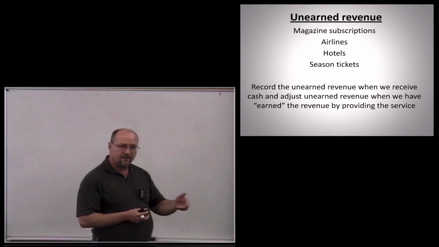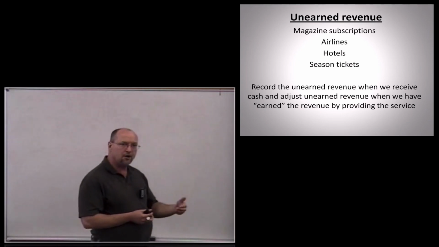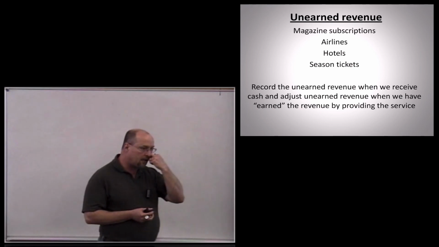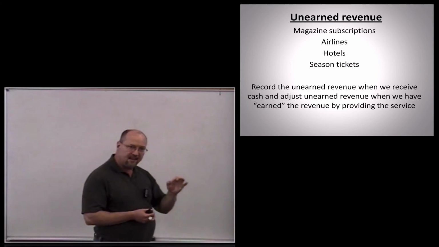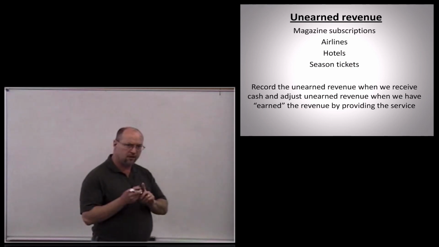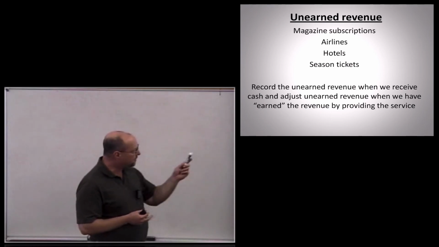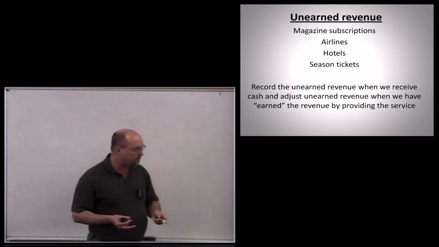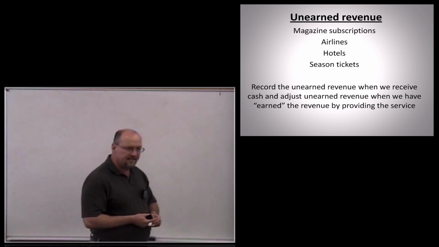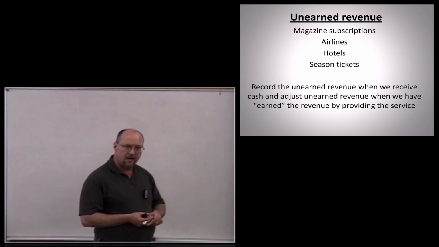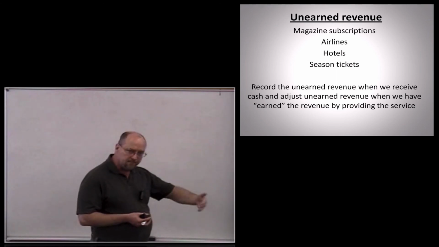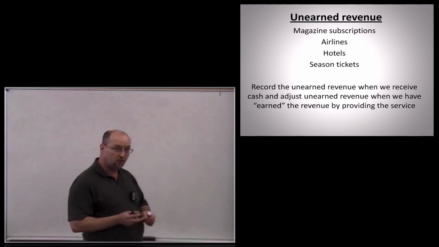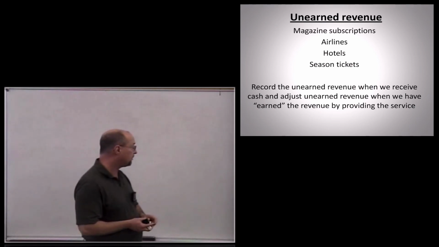So the airline and the hotel will record unearned revenue, and when you land safely or you've finished your stay, then they recognize the revenue. We're going to do an example momentarily. Same thing with season tickets to your sports team or the opera. You pay in advance, they record unearned revenue, and once they've provided the entertainment, then they recognize revenue in accordance with the revenue recognition rule.